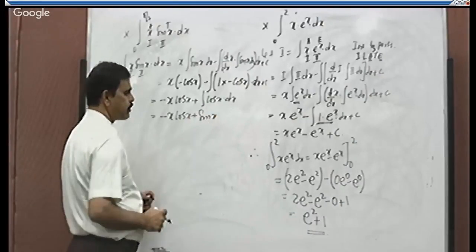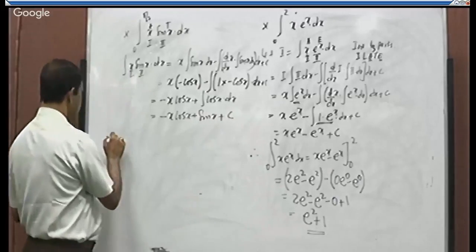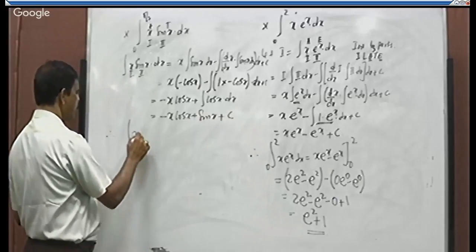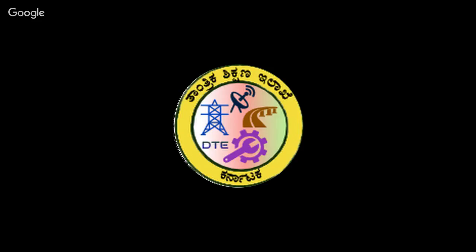Integration of cos x is sin x plus c. Therefore, integration of x sin x with the limit. What is the limit? 0 to pi by 2 is equal to minus x cos x plus sin x bracket. What is the bracket? Limit. We have to write limit 0 to pi by 2.